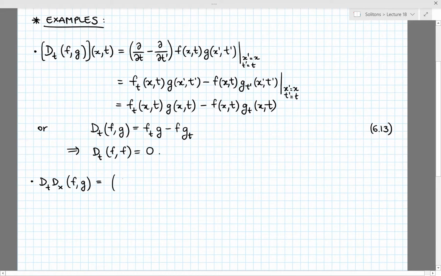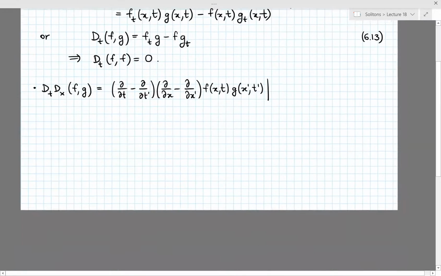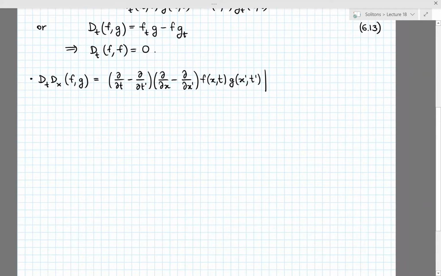So here we have partial with respect to t minus partial with respect to t prime, and partial with respect to x minus partial with respect to x prime of, again, f of x t, g of x prime t prime. And then we set primed and unprimed coordinates to be equal. I'll also stop writing that in detail. I'll just write a vertical bar.